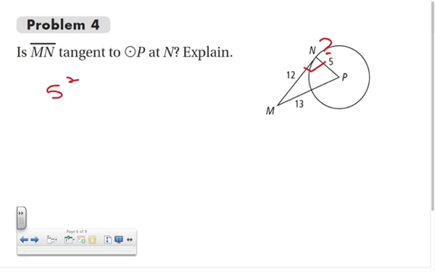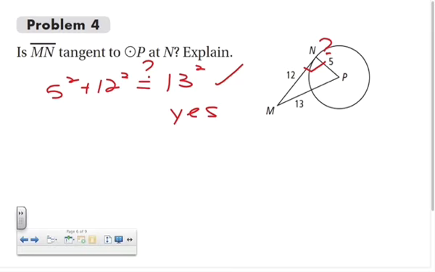We're checking if 5 squared plus 12 squared equals 13 squared. And as it turns out, it does. So our answer is yes. As far as an explanation goes, since the instructions say explain, the work that we showed was adequate explanation.